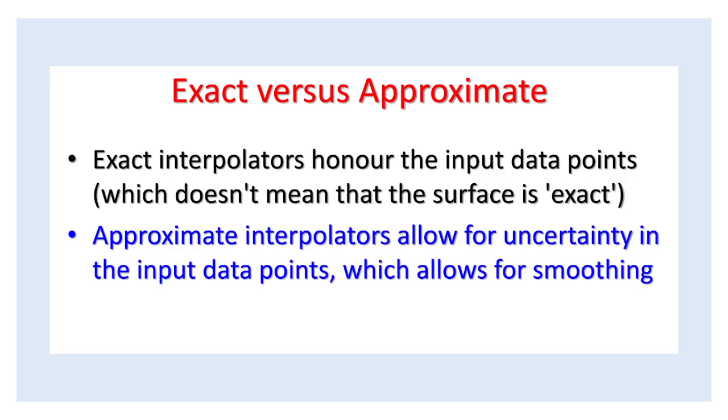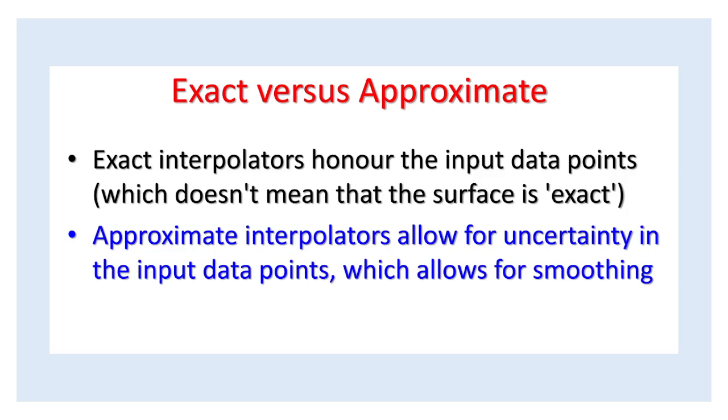Then we have exact versus approximate. Exact interpolators will honor the input data points, which doesn't mean that the surface is exact. Approximate interpolators will allow for uncertainty in the input data points, which allows for smoothing.